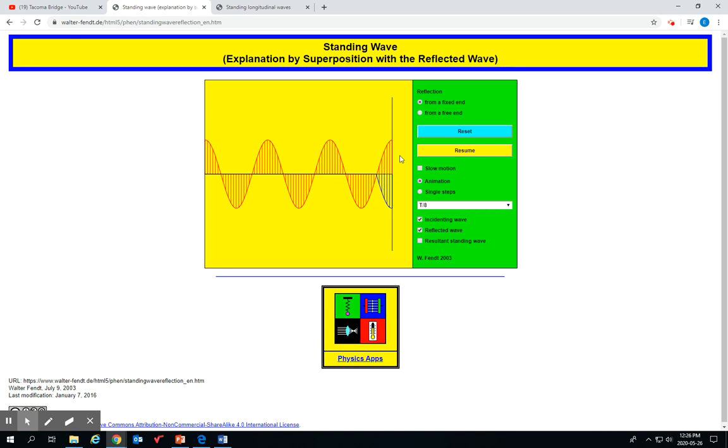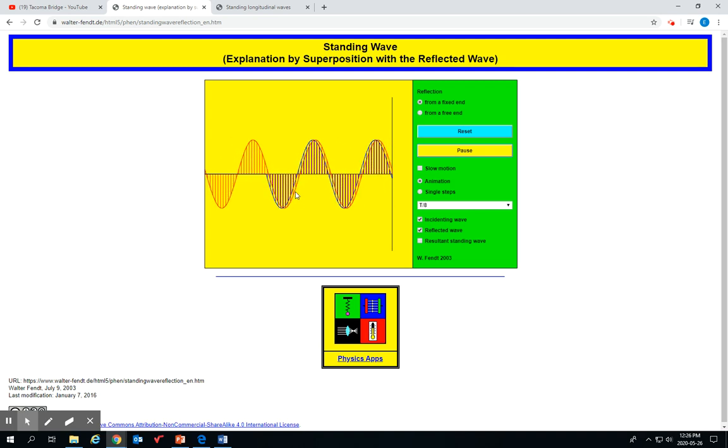Well, because the wave's hitting a fixed boundary. If you hit a fixed boundary, the wave would exert an upward force on the boundary. The boundary would exert an equal and opposite downward force on the wave, and it would cause it to get inverted. So now I have my incident wave with a particular wavelength and amplitude moving towards the right, and this reflected wave that has the same amplitude and same wavelength moving towards the left.